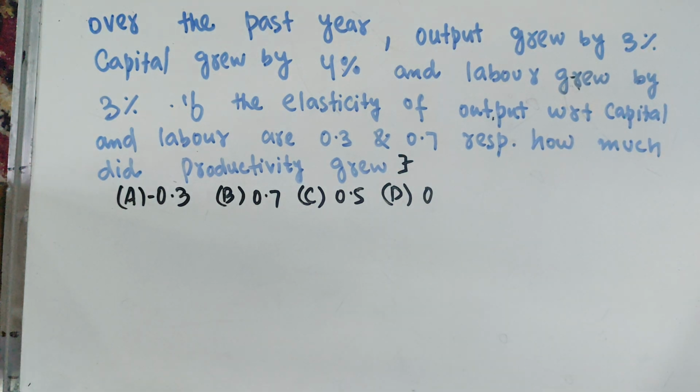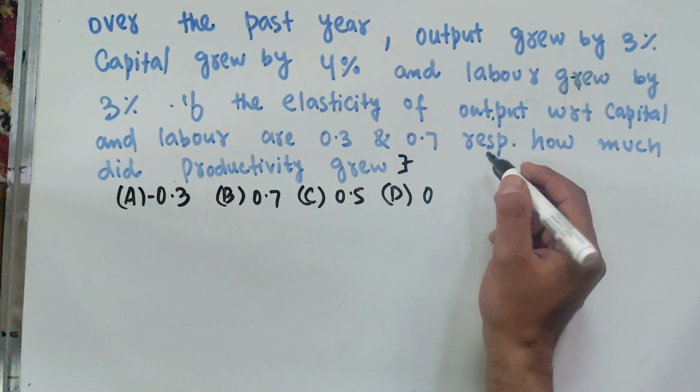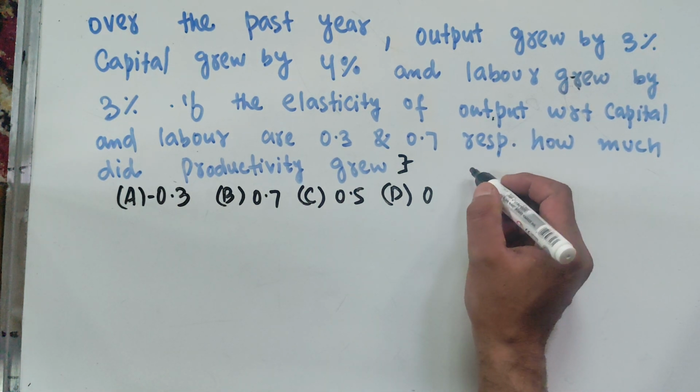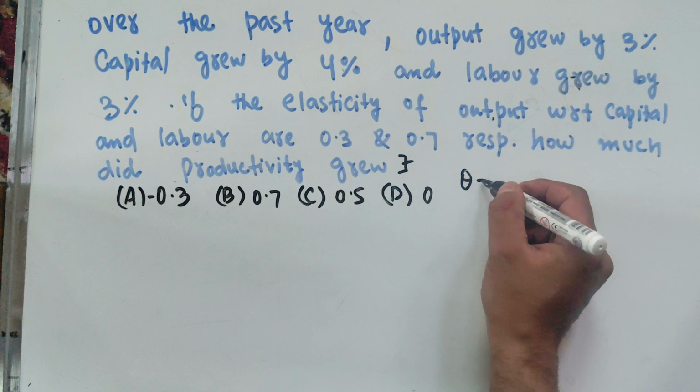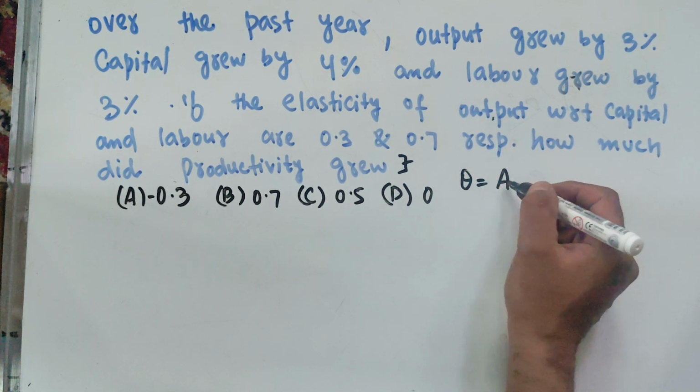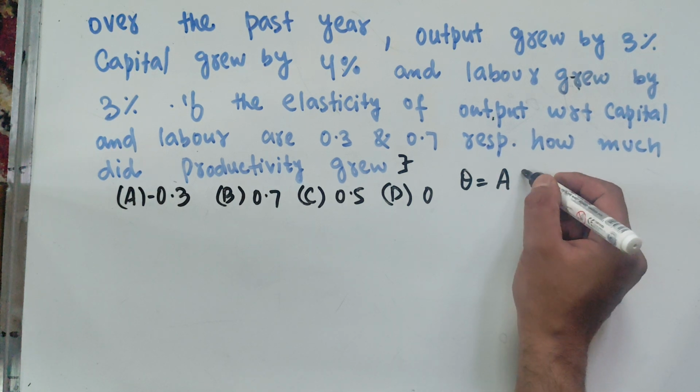Okay, so we need to find out the percentage change in the productivity here. Now, using the growth accounting equation, if we have the Cobb-Douglas production function, we know that output will be equal to A, which denotes the productivity or total factor productivity, times L to the power alpha.